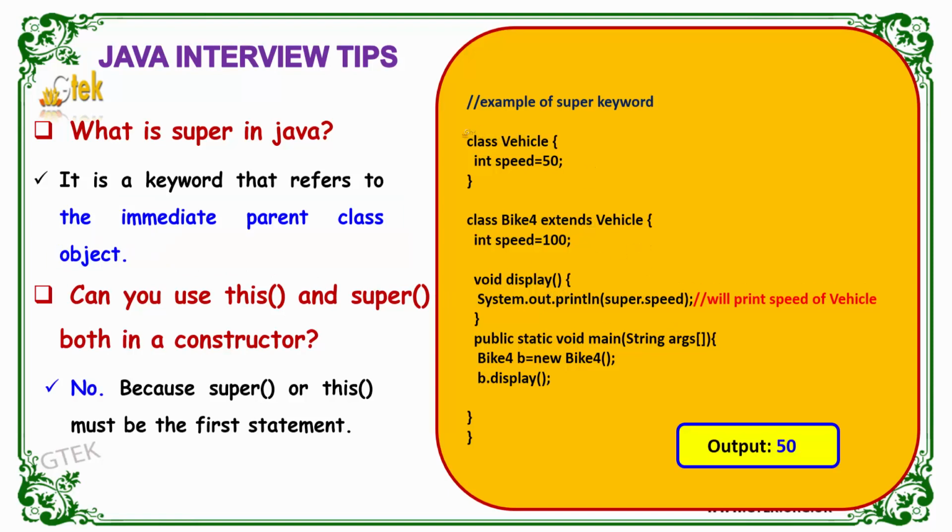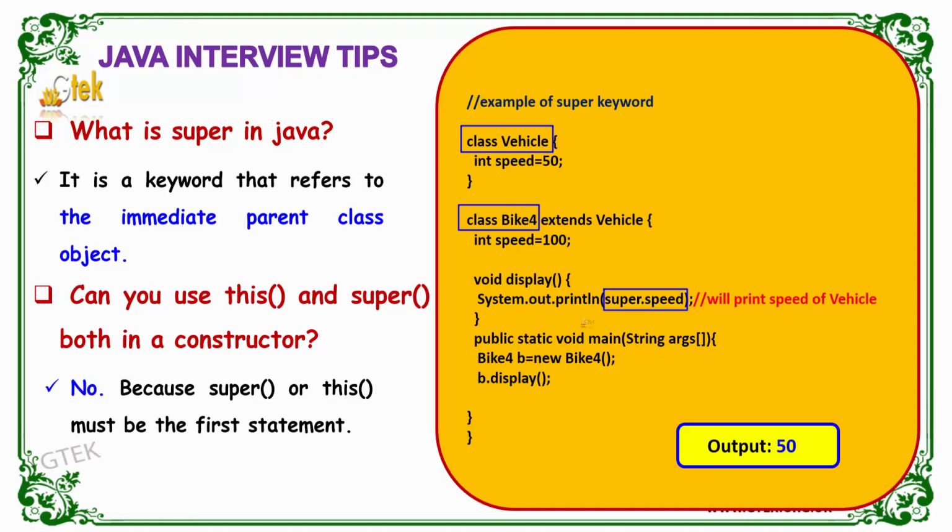If you see over here in our program, we have a class known as vehicle, and we have a subclass bike4 which inherits vehicle. If you see over here in the function display, we have our output to be super.speed.